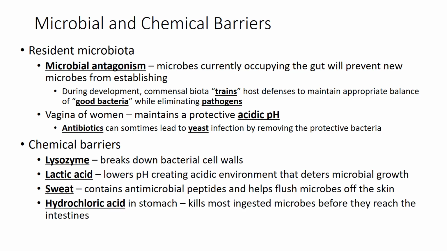Hydrochloric acid in the stomach. There's actually nothing that can survive direct contact with hydrochloric acid. This is effectively battery acid, which is what you have in your stomach, ironically. The only way that microbes can make it through the stomach is if they aren't in direct contact with it. So if you eat food, for example, they can sometimes hide inside the food. There's a chunk of food and the interior of the food may not necessarily be in direct contact with the acid.